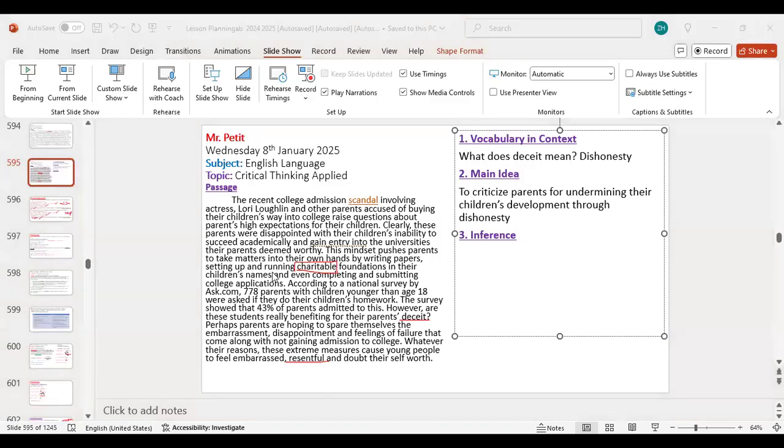So inference. What does inference mean? Do y'all know what we mean when we say inference? Inference is when you imply something, when you basically have to read between the lines.